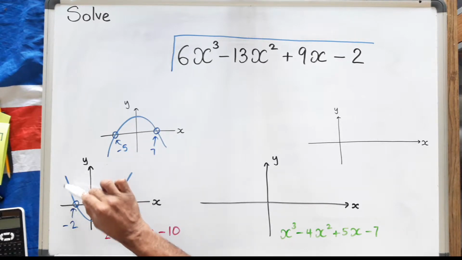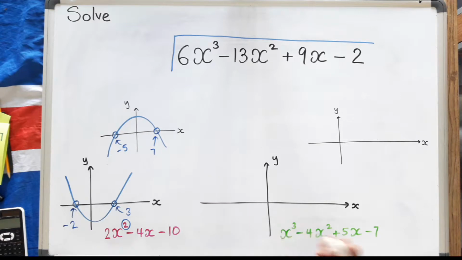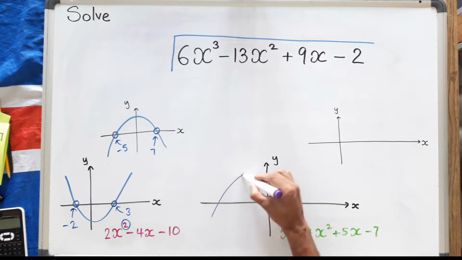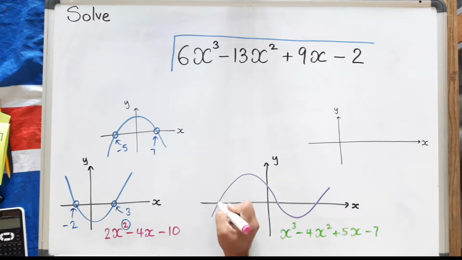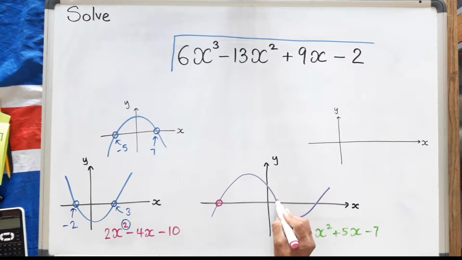A lot of cubics have an up and a down part, which means it cuts the x-axis at 1, 2, or 3 points. So let's say here was -5, here was 2, and here was 7 on the x-axis. That means there are 3 solutions to this cubic, and they are -5, 2, and 7.